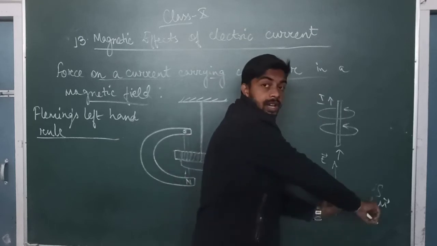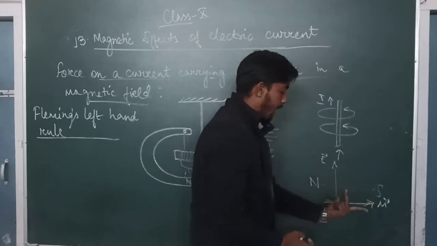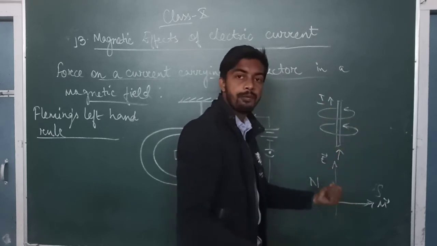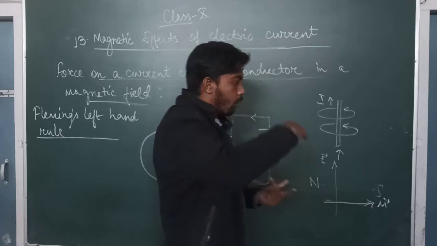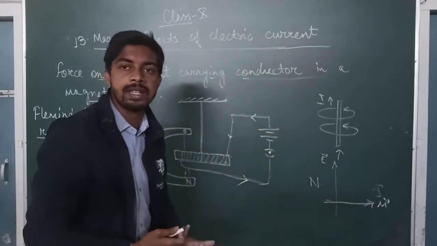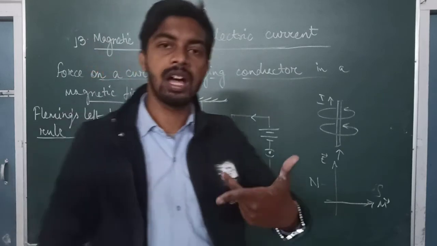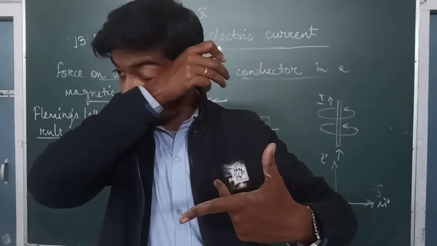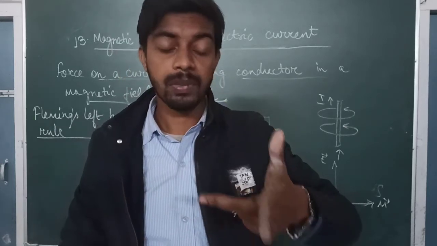The thumb, which shows the force, is pointing into the ball. It means the force which will make the conductor move will be in that direction, towards the inside of the ball. So this is how we can find out the force on any conductor placed in a magnetic field.